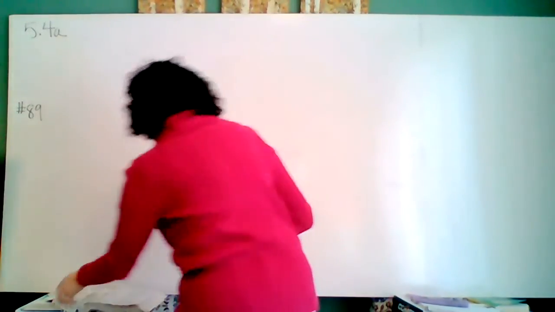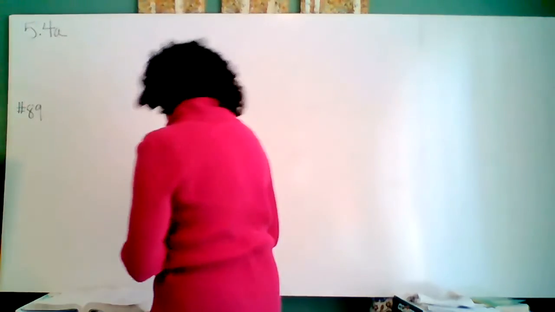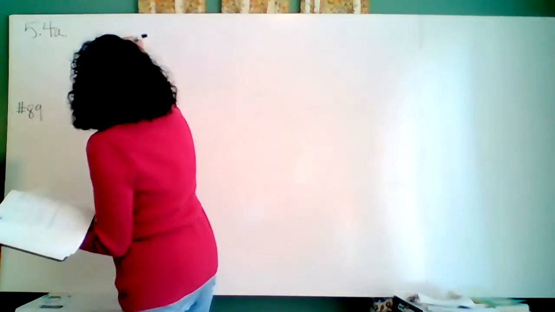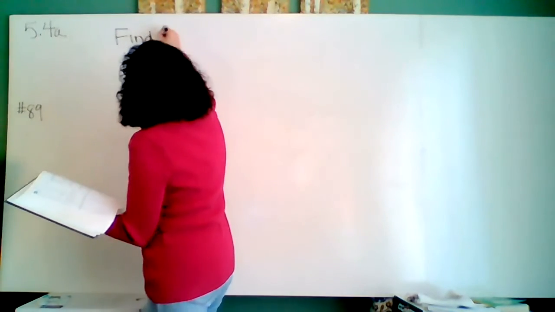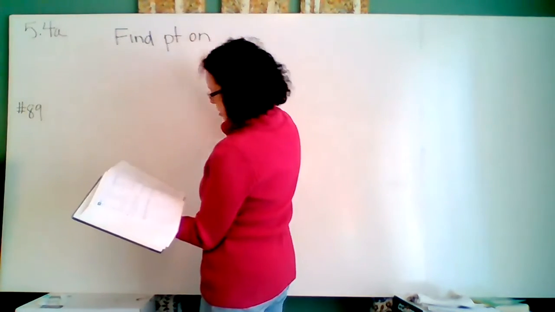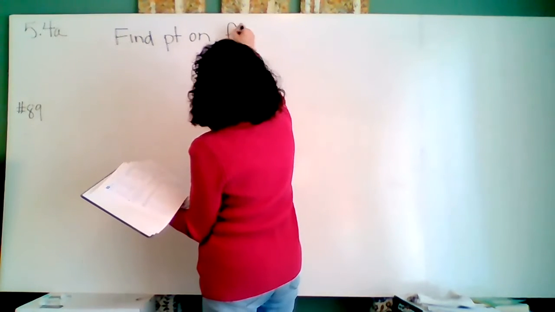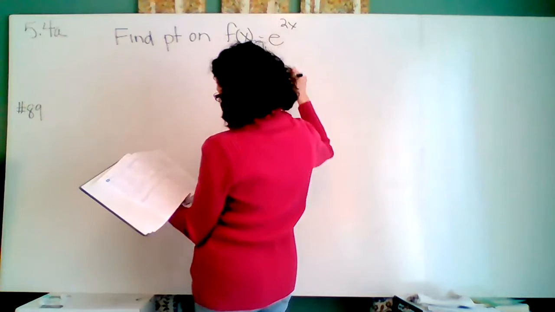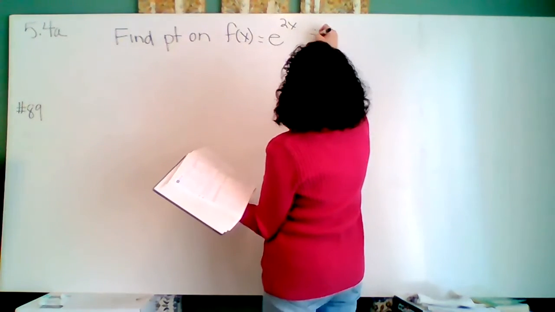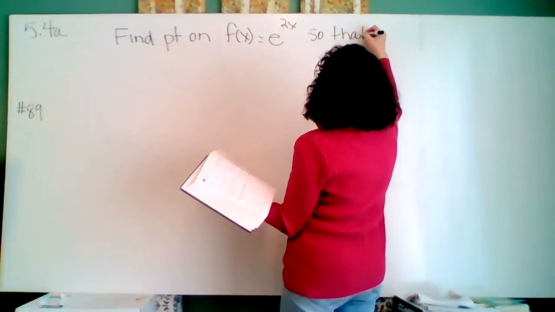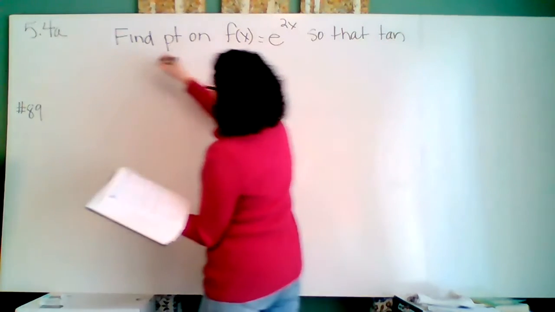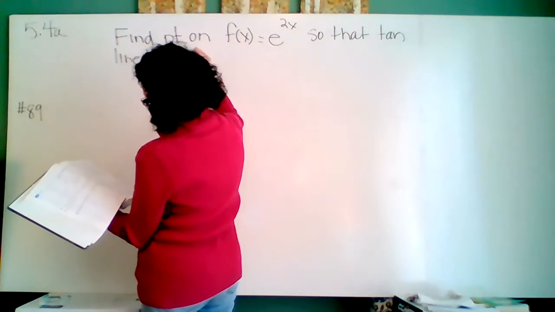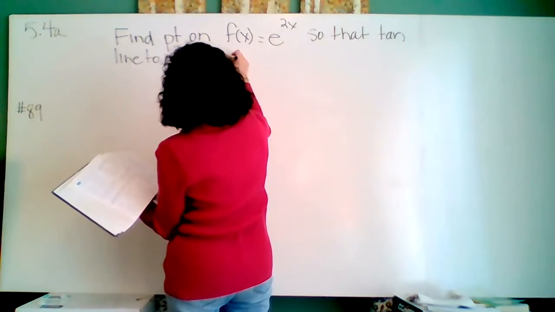Okay, on problem 89, it says find a point on the graph of f of x equals e to the 2x, such that the tangent line to the graph goes through the origin.